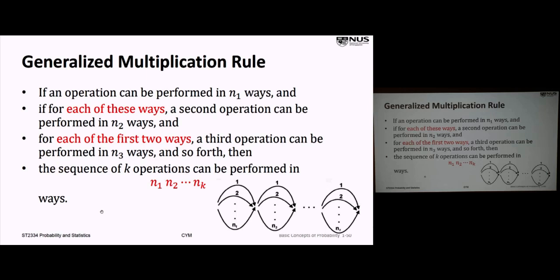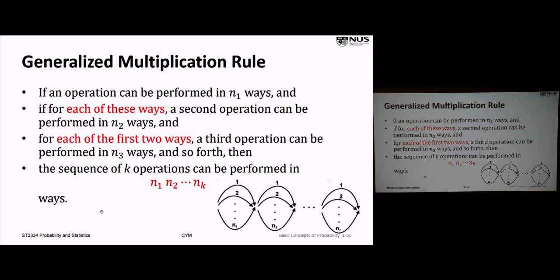So it says, the first bullet point says, if you have an operation which can be performed in n1 possible ways. Now, for each of these operations, you can perform a second operation, and that has n2 possible ways of occurring. And then for each of those, you have n3 for a third operation, and so on and so forth until you go to k.